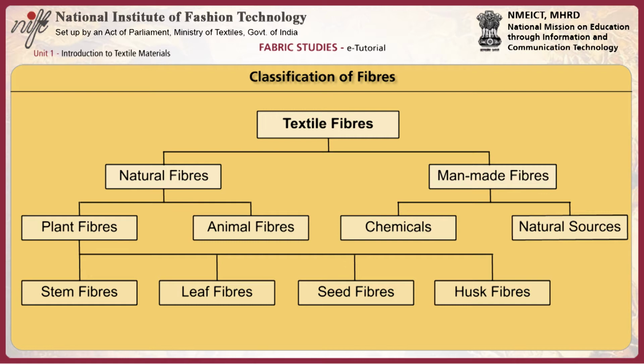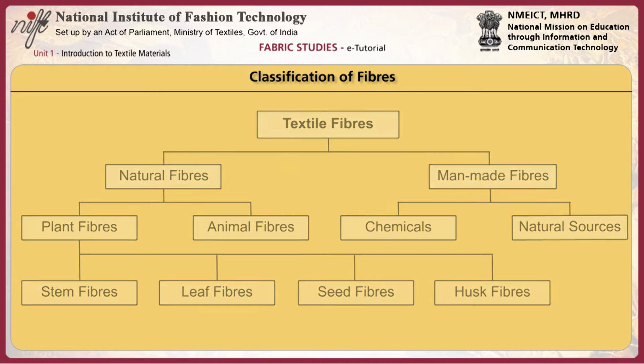Natural fibers are derived from natural sources such as plants or animals, while man-made fibers are manufactured either from chemicals or natural sources. Now, take a look at the chart and see the classification of fibers based on their sources.